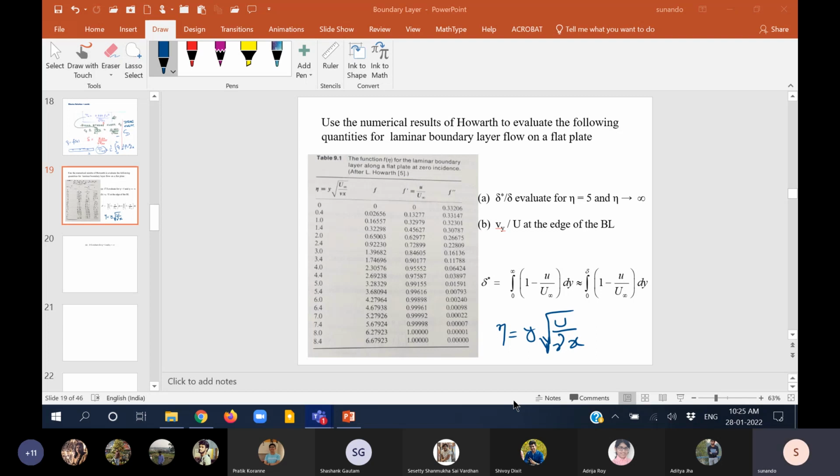Could anyone get this delta star expression converted into eta and other terms?